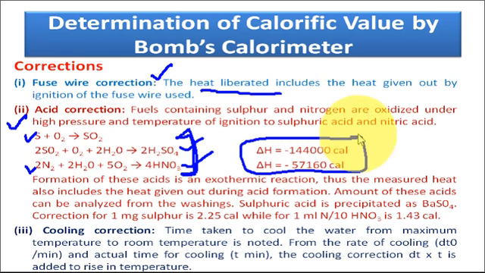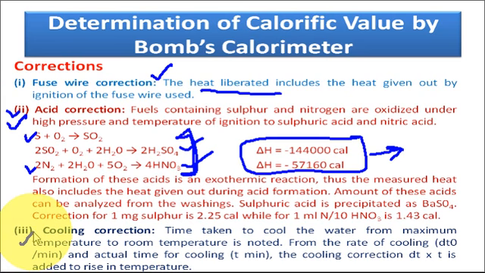That means these also liberate a large amount of energy, which is not the combustion energy. These are the acid formation reactions. So these values must be subtracted from the total value, because they are not the energy released by the combustion reaction. So always acid corrections must be subtracted from the total value.